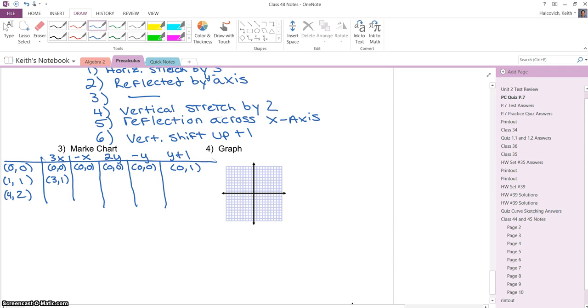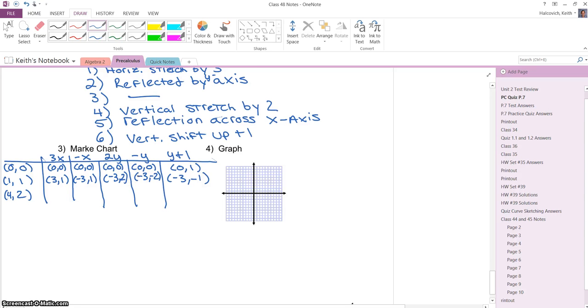The opposite of 3 is negative 3. 2 times y is 2. So it's negative 3, 2. And then opposite of 2 is negative 2. And then add 1 gives you negative 1. So that's your final point.